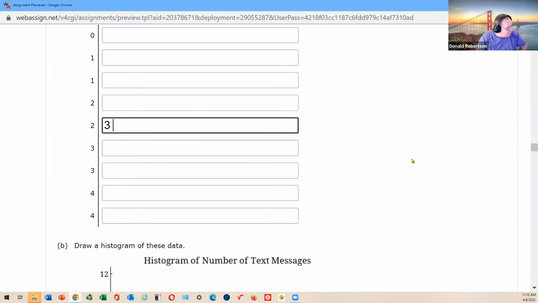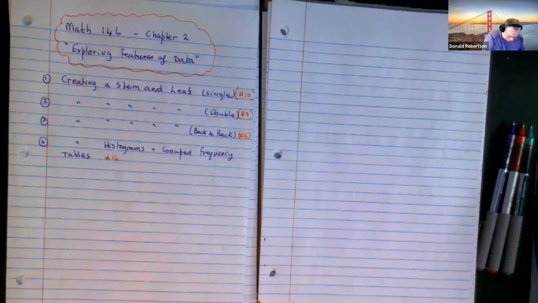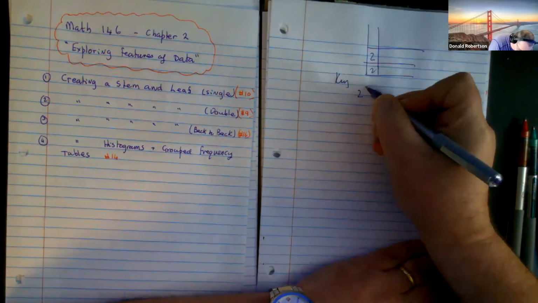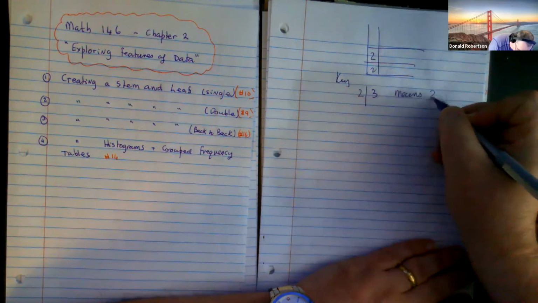And we don't do it, but they should have had a little key here. You would do a key, and the key, well, let me show you what I'm getting at. In this question, the key to tell people what all the 2s mean, you would write down something like this: 2 stroke 3 means 230.